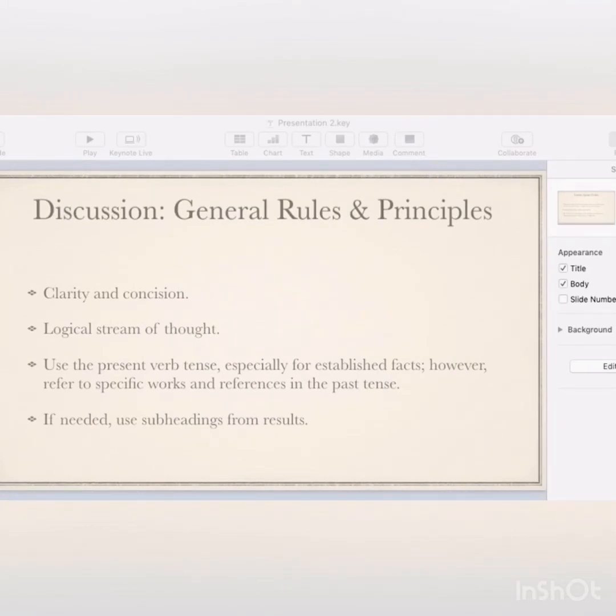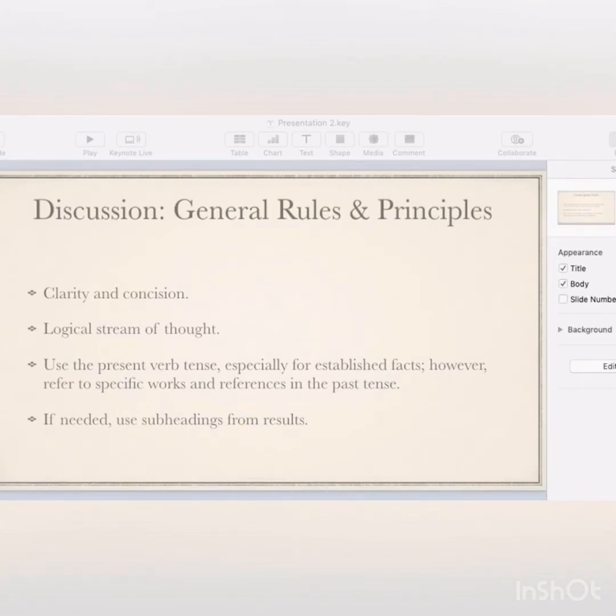And also, like the introduction, it's written in the present tense, particularly for established facts. However, the past tense must be used when referring to previous works and references in the past. And again, whilst referring to specific works, there's a specific manner in which we cite these works. Again, it'll be discussed shortly.